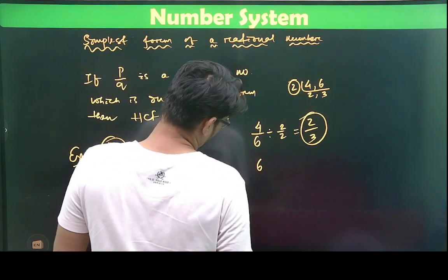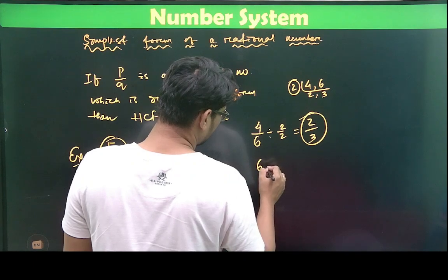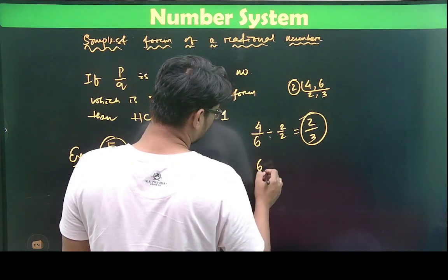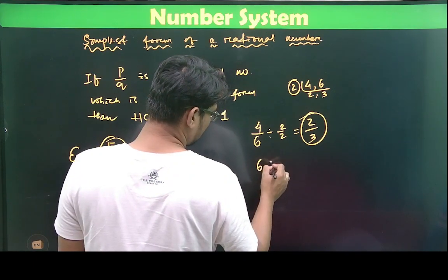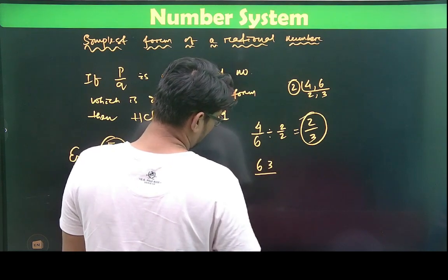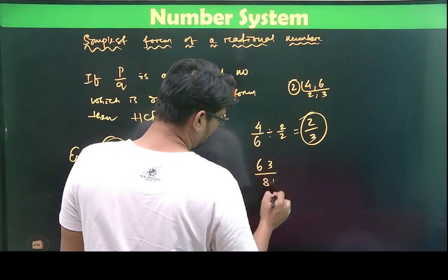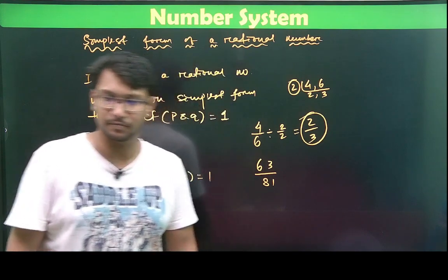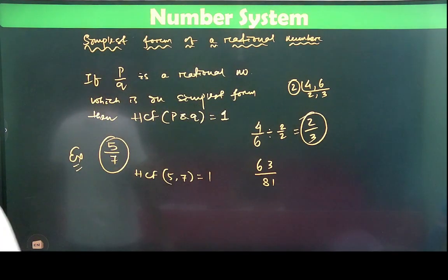Whether 63 by 81 is in simplest form. Why?